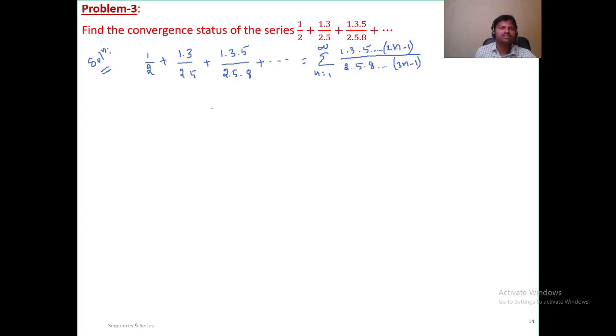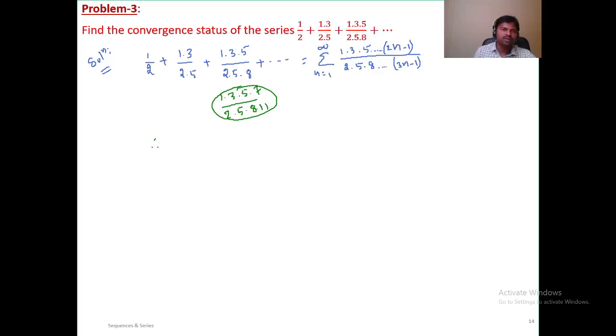So 1, 3, 5, 7. Denominator, n is 4, 3 times 4 is 12, 12 minus 1, 11. So 2, 5, 8 same, but 11 we need to write extra, last one: 2, 5, 8, 11. This is the fourth term, like this. Okay, hope you understood. So this is the nth term.